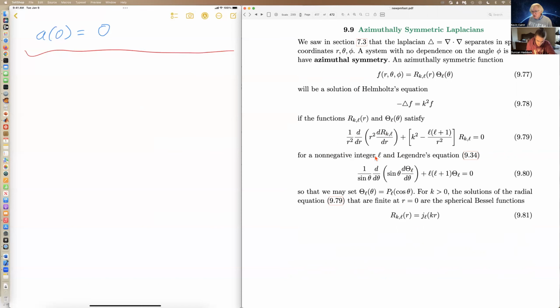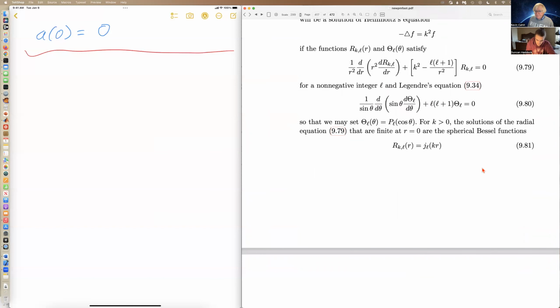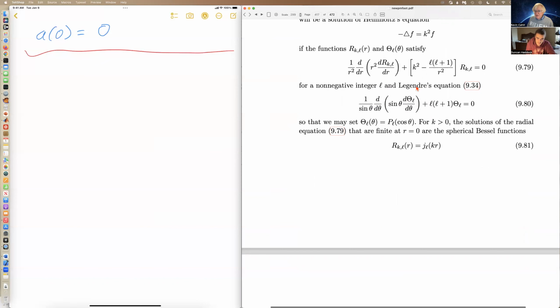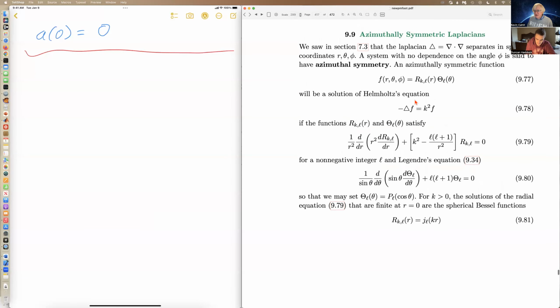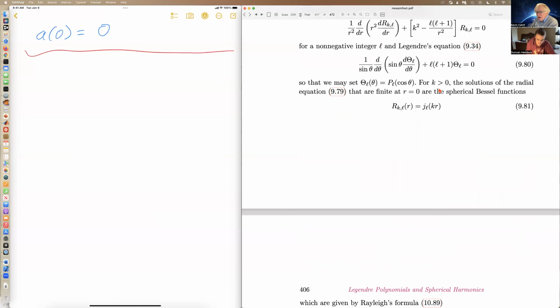And Legendre's equation, the capital Theta has to satisfy this equation. Anyway, capital Theta in this case is just the Legendre polynomial.